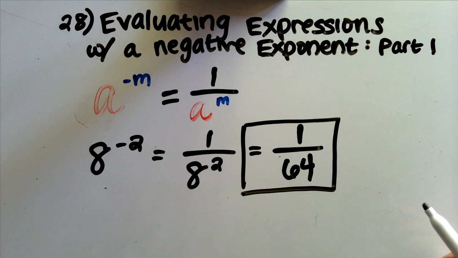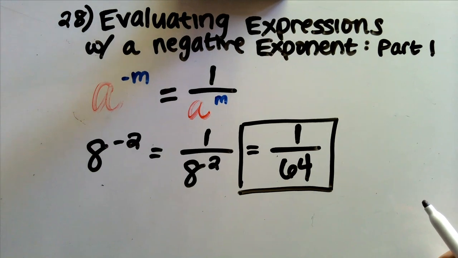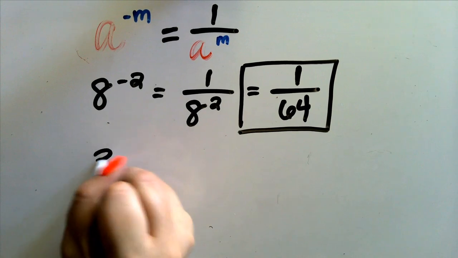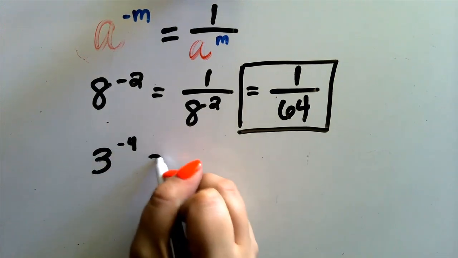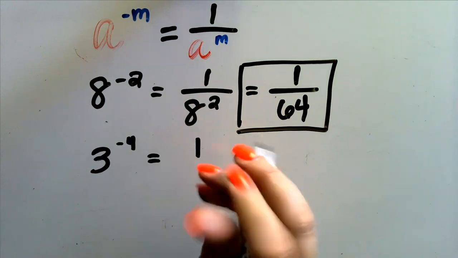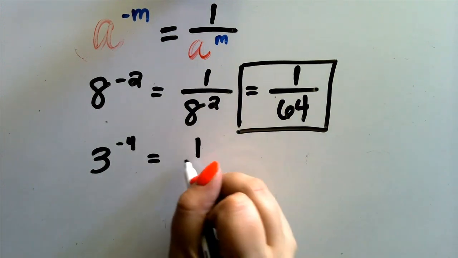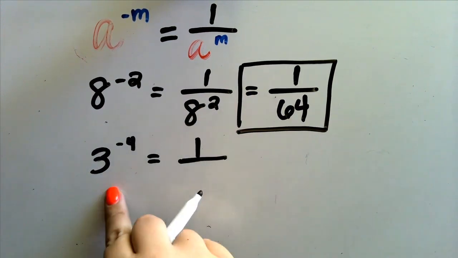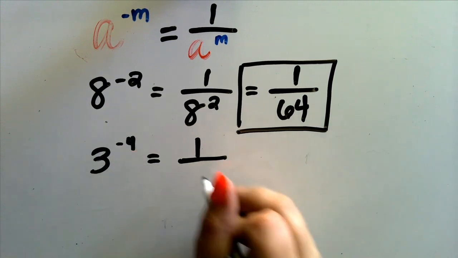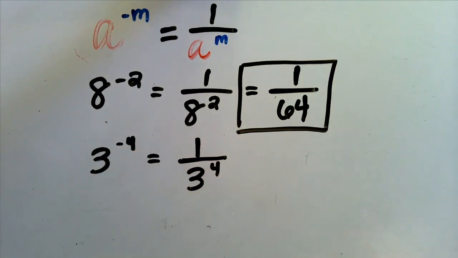Okay, let's do one more example. Let's go this time with 3 to the negative fourth power. Same thing. We're going to put a 1 in the numerator. Then we're going to put our base and then flip our exponent to a positive, 3 to the fourth power.